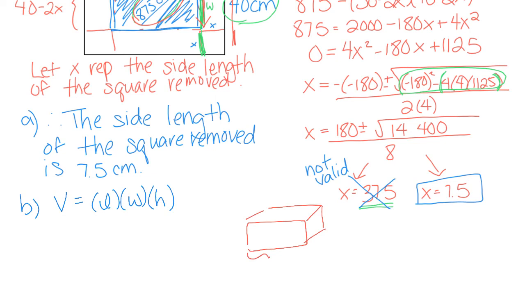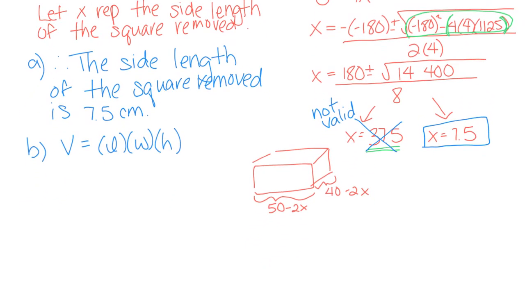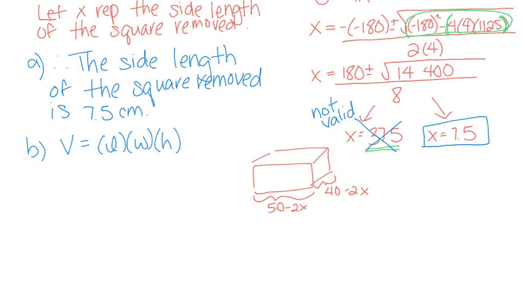So this length here, remember, is equal to 50 minus 2x, and our width is equal to 40 minus 2x, okay? So I know that my length is going to be 35 centimeters, with that x being 7.5. And then my width is going to be 25 centimeters.